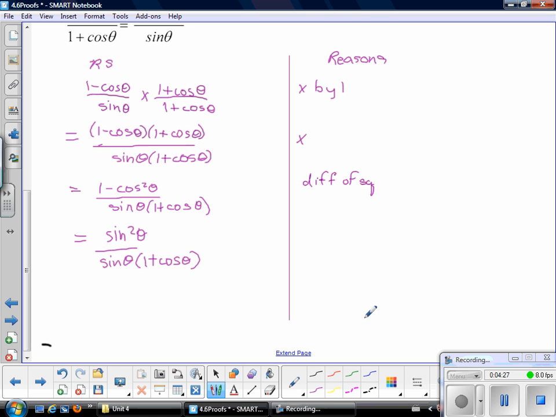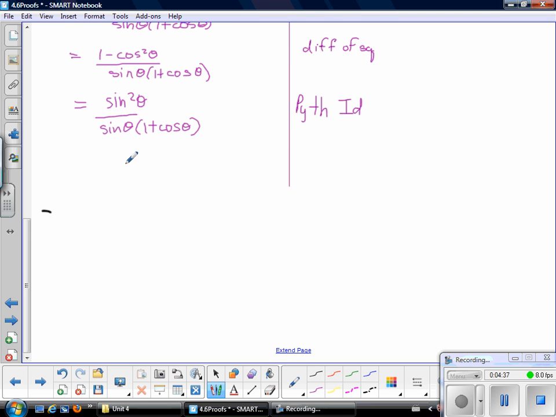And the reason I could do that is that's the Pythagorean identity.